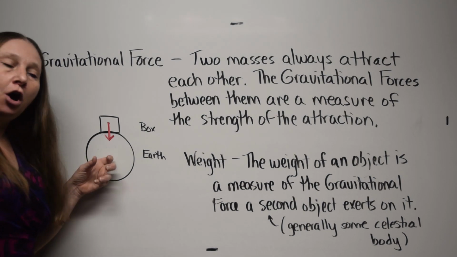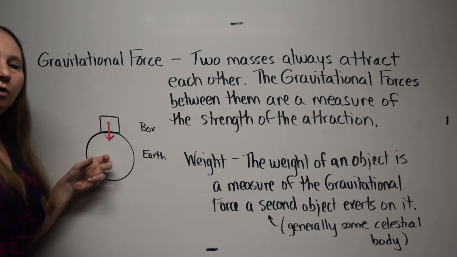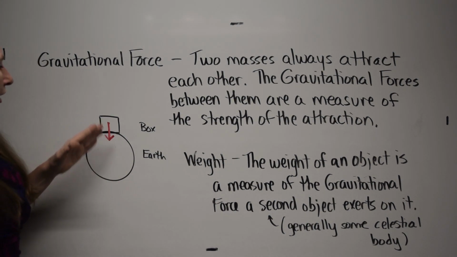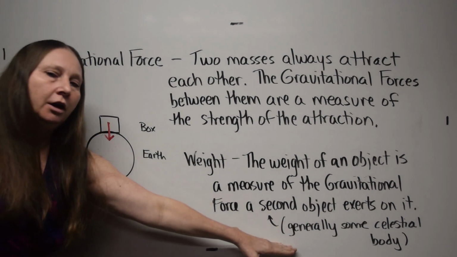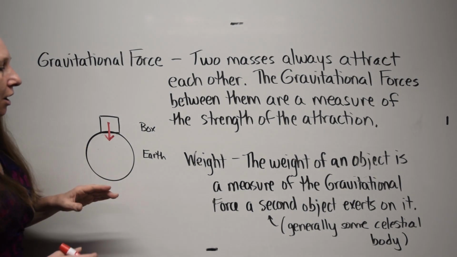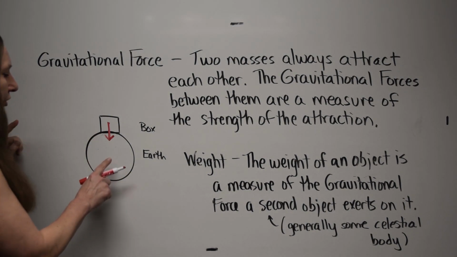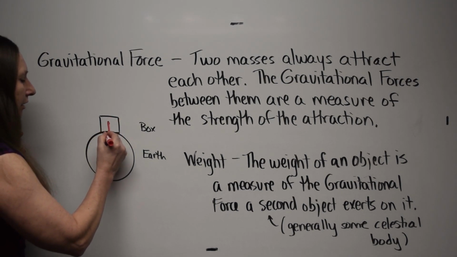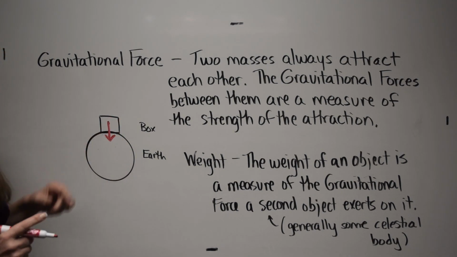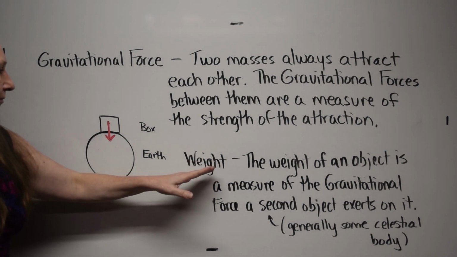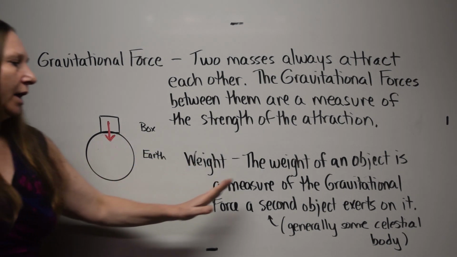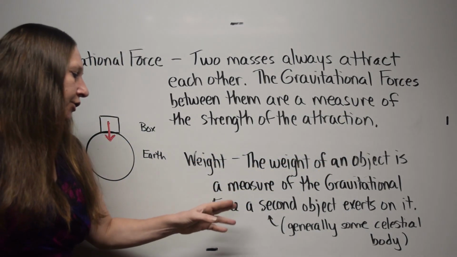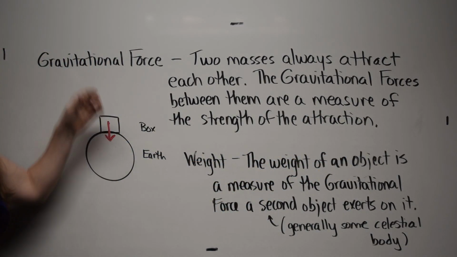It could be a star, a comet, an asteroid, a moon. But the small object is resting on the much larger object, and we're focused on the gravitational force which this larger object is exerting downward on the smaller object. So that red arrow there is the weight of the box. The weight of an object, the box, is a measure of the gravitational force that a second object exerts on it.